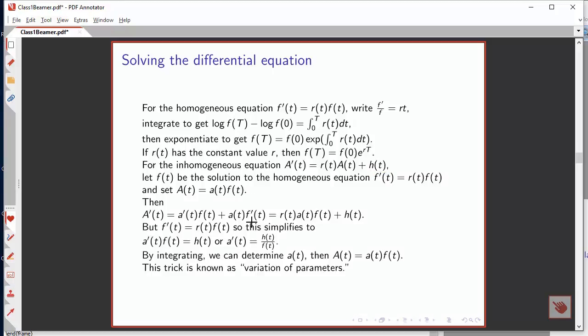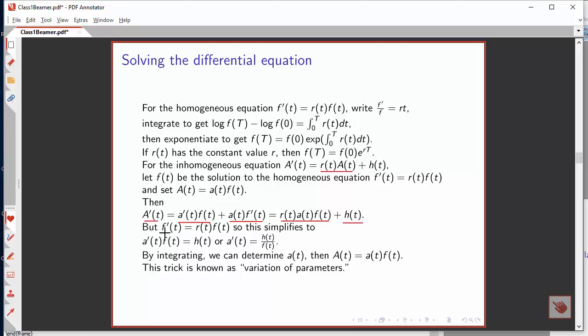Why does it work? Well, let's differentiate this equation. A prime of t from the left-hand side is, by the product rule, a prime times f plus a times f prime, and that has to equal the right-hand side. That's r of t times capital A of t, or r of t times little a of t times f of t, plus h of t.